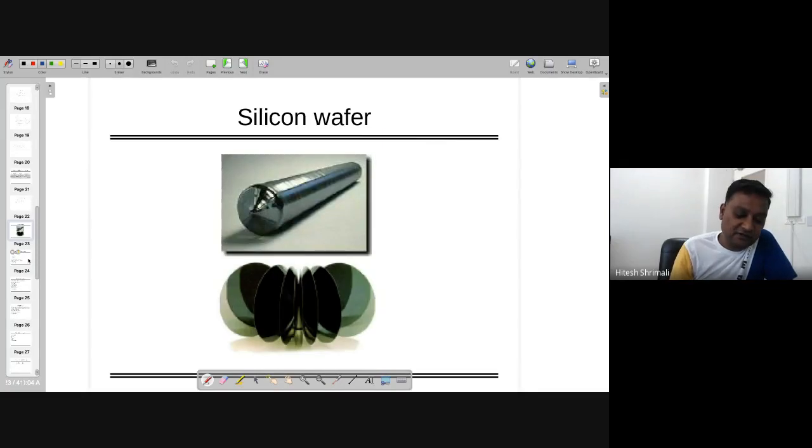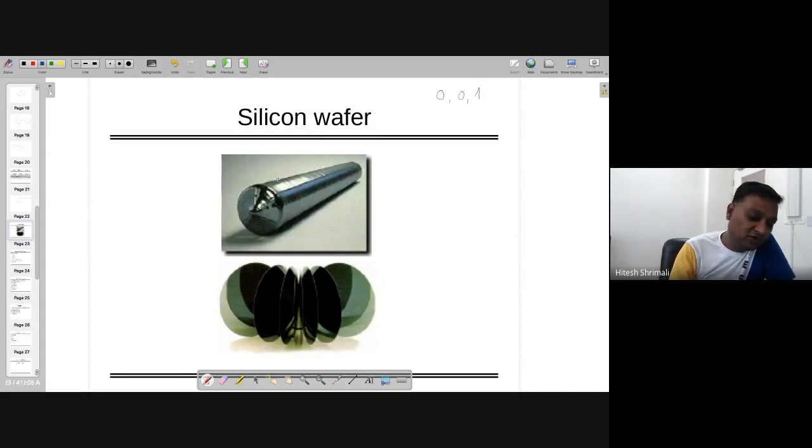Just for completeness, this is a silicon rod after different processes, kept in a particular location, like in 3 dimensions, maybe you can keep that at 0, 0, 1, 0, 0, 0, 1, 0. There are certain coordinate positions where you keep it, and you create a silicon rod which is very, very big in a row.